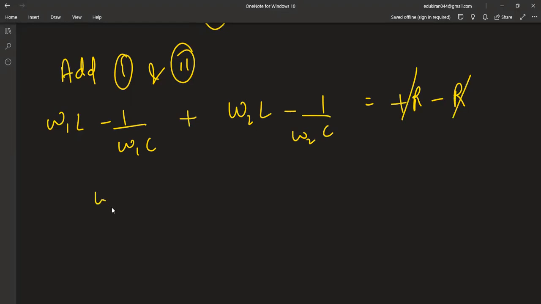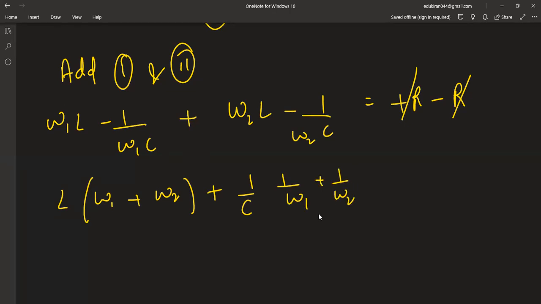See, omega 1 L plus omega 2 L minus 1 by omega C terms. From here, let's take L common. So this will be omega 1 and from here omega 2 plus. Let's take 1 by C common from here. So we'll be left with 1 by omega 1 plus 1 by omega 2 equal to 0.